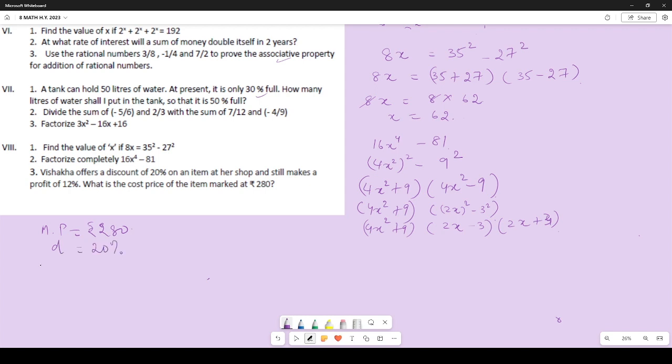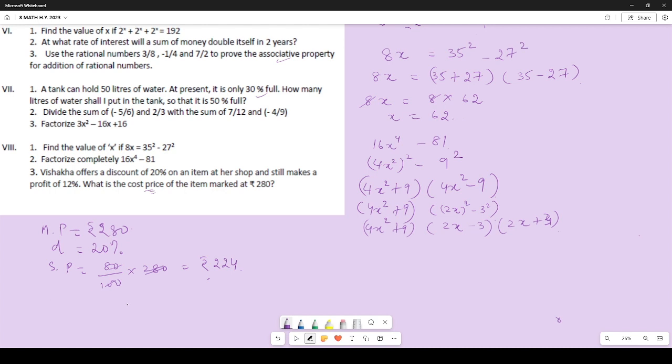So let us find out the selling price. Selling price is 80 by 100 into 280. Remember, 100 minus discount percent by 100 into the marked price. So this will give you the selling price as rupees 224, but we have to find out the cost price, right?